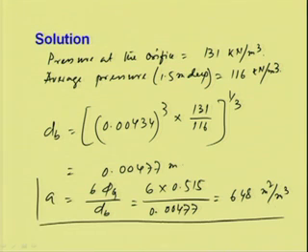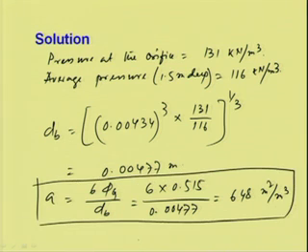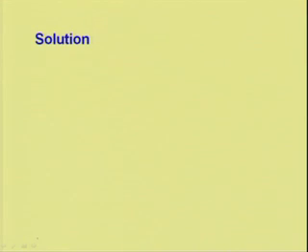So, this is the specific interfacial area. Now, we can calculate Re g, which is dB Vs rho L by mu L.